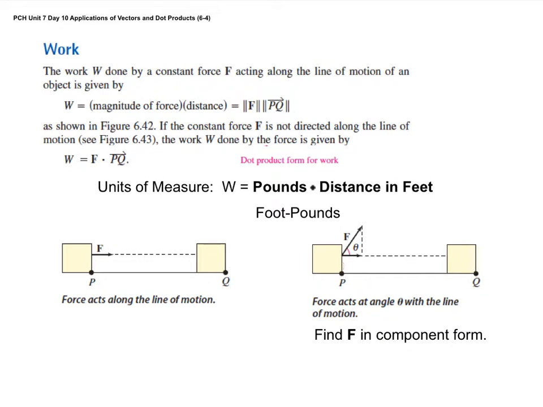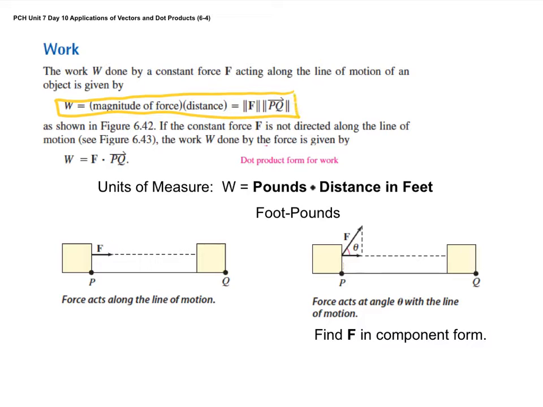Now, that force, if it is exactly in the same direction as what the thing is moving, then we just multiply the force times the distance traveled. Work is force times distance.